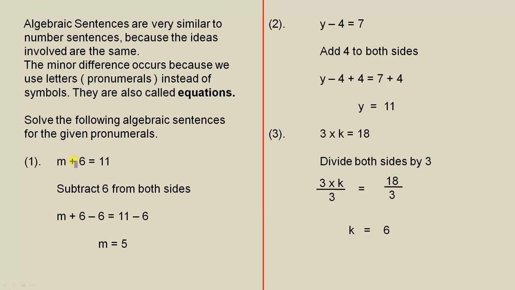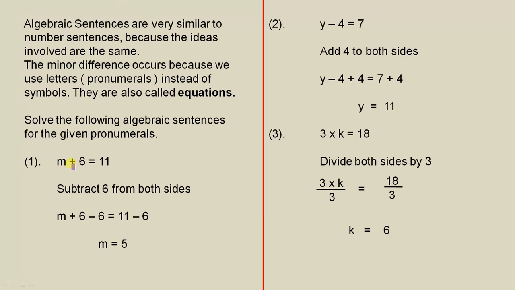So the first one is m plus 6 equals 11. Now that's an equation, and there's an equal sign. That means both sides are equal. So in order to keep both sides equal or balanced, you have to perform the same operation for both sides. And here is the clue, which I mentioned a few videos ago. If you have a plus 6, then you subtract 6 from both sides.